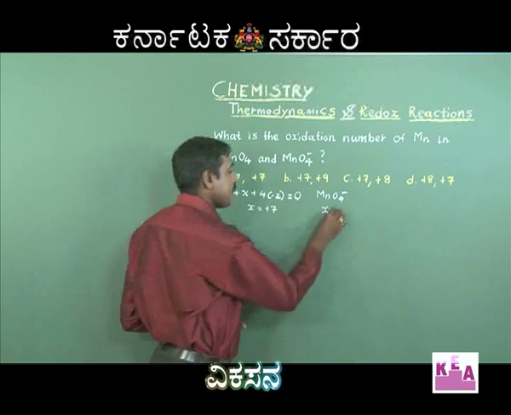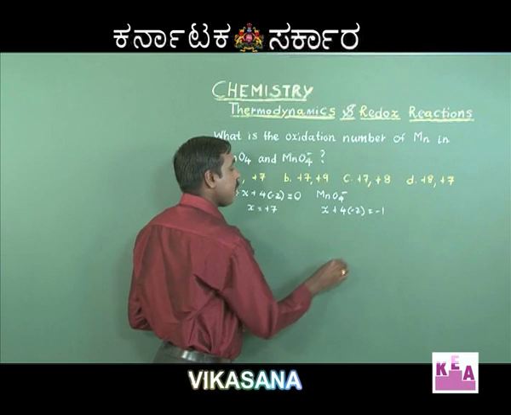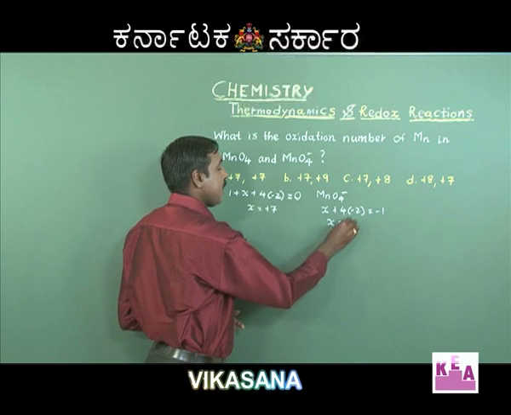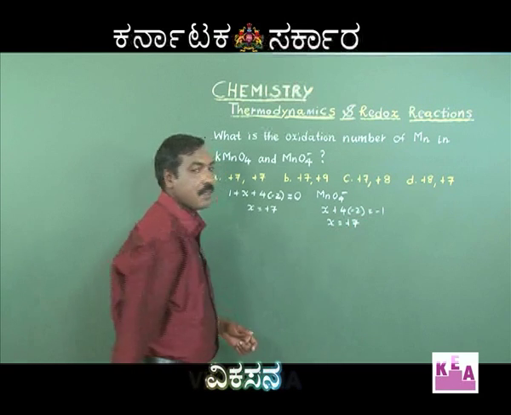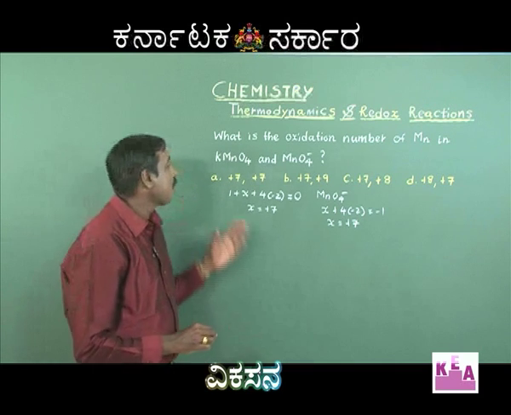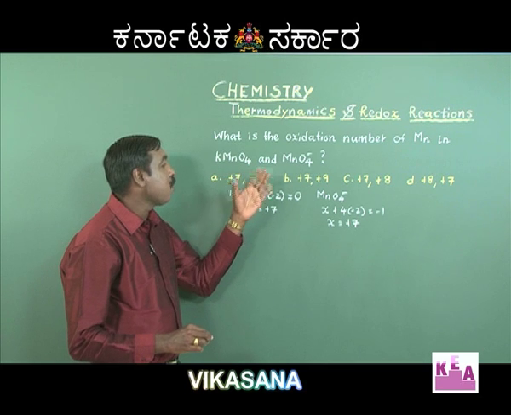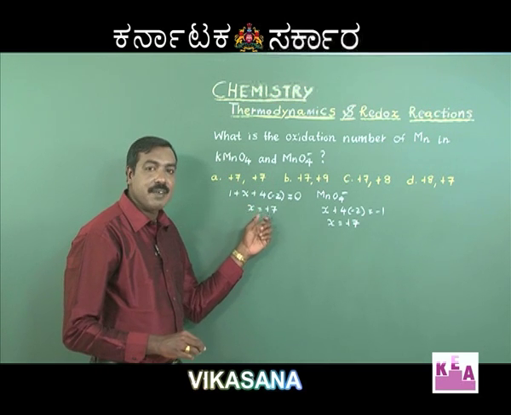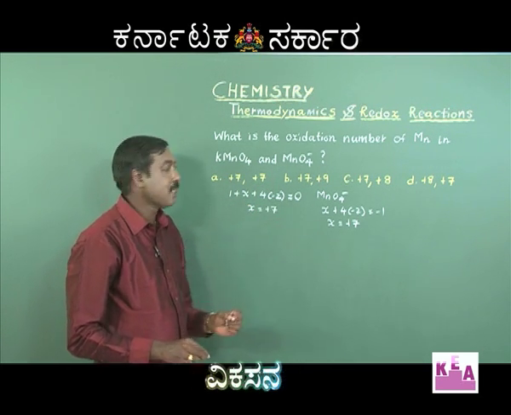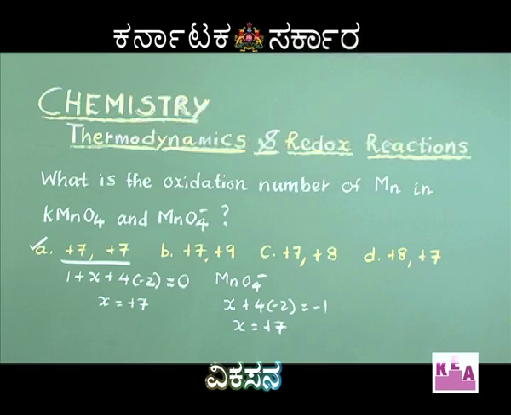I write it as X plus 4 times -2 is equal to -1. Again, I get X is equal to +7. Therefore, the correct answer for this question, the oxidation state of manganese in KMnO4 and MnO4 minus, is +7 and +7. Therefore, option A is the right answer.